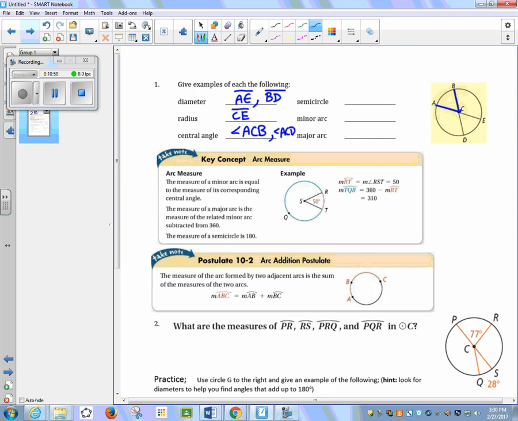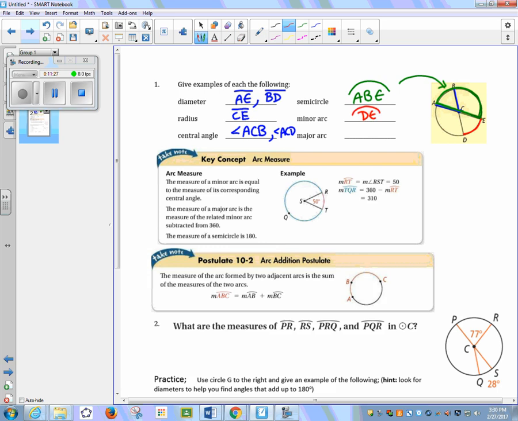There's more there too. A semicircle, remember, half a circle. So here's a diameter. AB is a diameter. Half a circle would be the intercepted arc of that diameter. So semicircle ABE is the semicircle that I just highlighted right there. ABE, remember 3 letters. A minor arc would just be going the short distance from one point to another, so maybe DE.